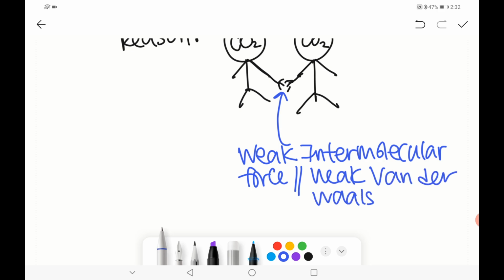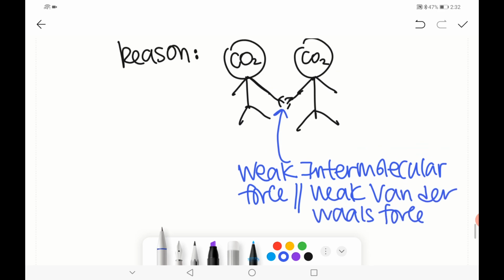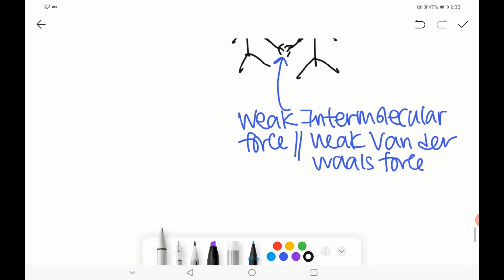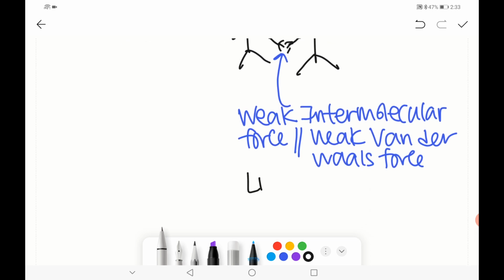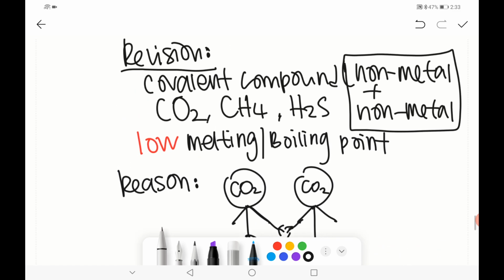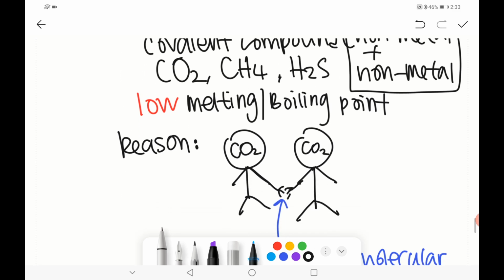So covalent compounds are attached by very weak van der Waals force. When the force is very weak, you only need little heat to break them apart, to overcome the force of attraction, because the force is so weak. So that is for normal covalent compound.